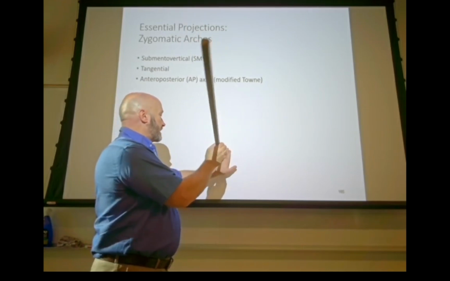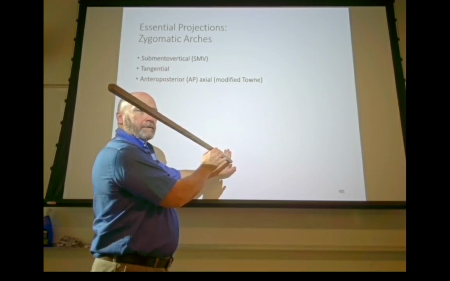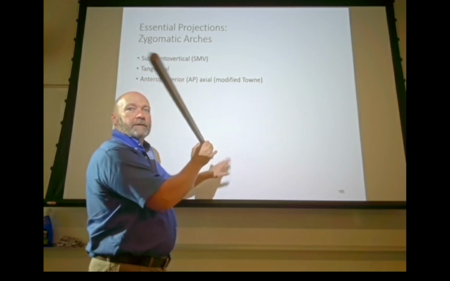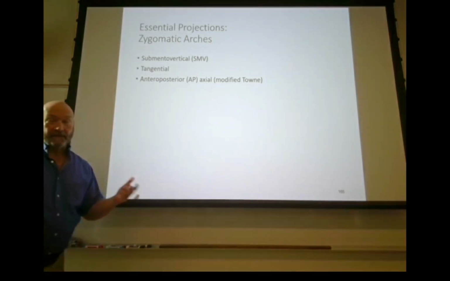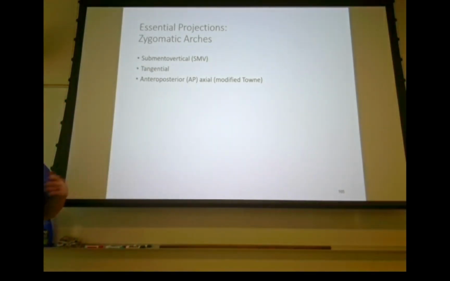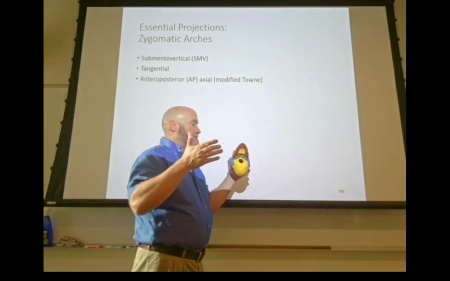But if I'm only using this much of it, then the divergence is going to be quite a bit more. So the divergence is better at lower SIDs than at greater SIDs. So what you can do is bring your central ray in.